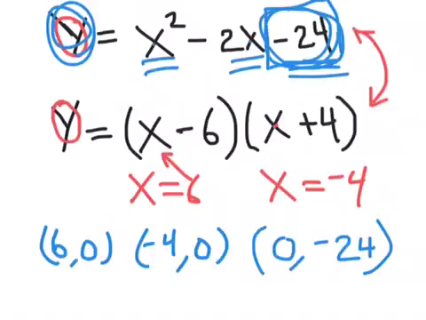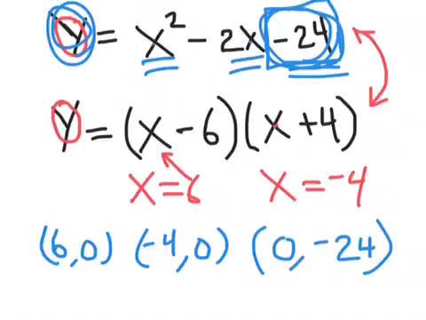And there you have it. You have your 3 zeros of the equation. So just to review, this shows us where it crosses the y-axis. We factor, and we find out that's where it crosses the x-axis.